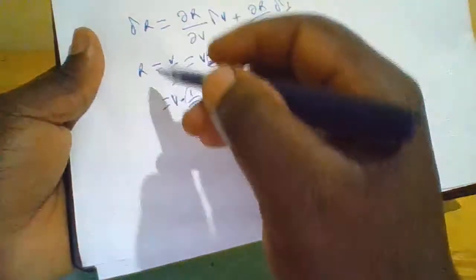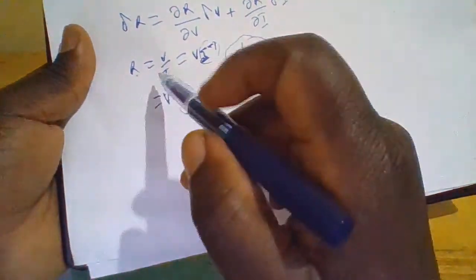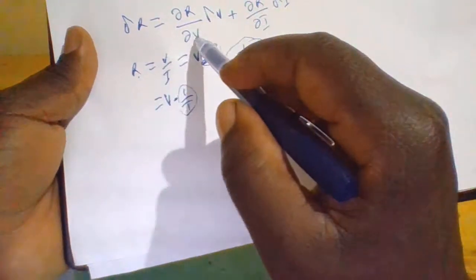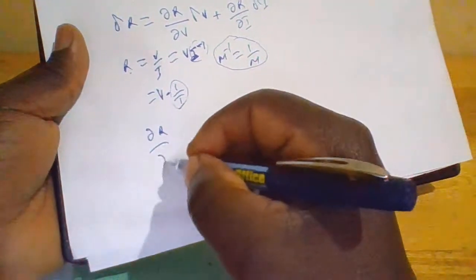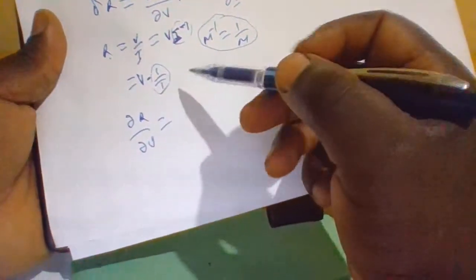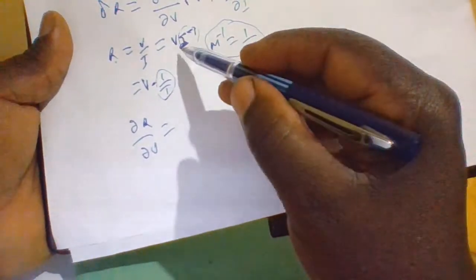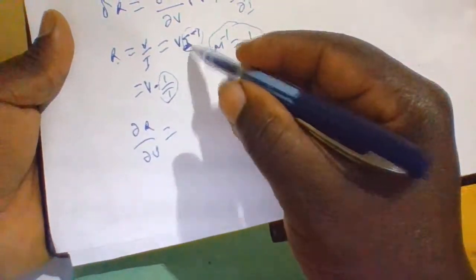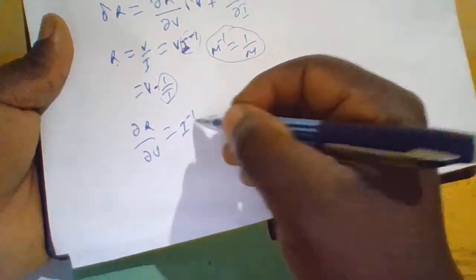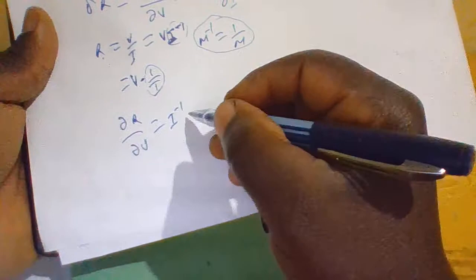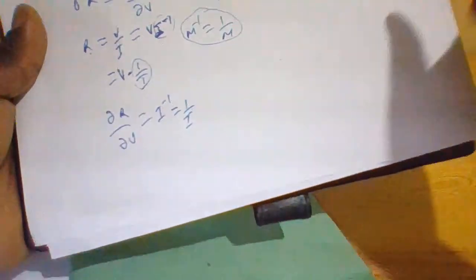Therefore, we get the partial derivative of R with respect to V, del R del V. When we differentiate partially, V will be 1, and we remain with current raised to -1, which is 1 all over current.